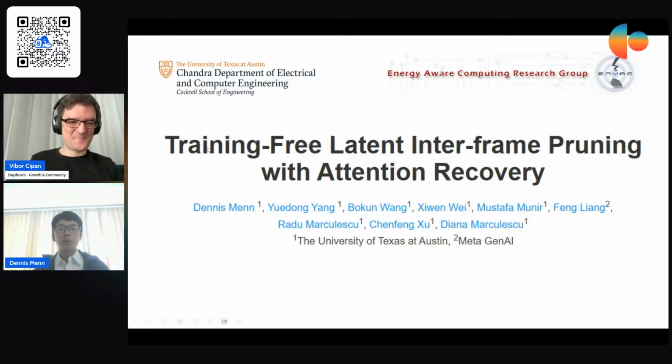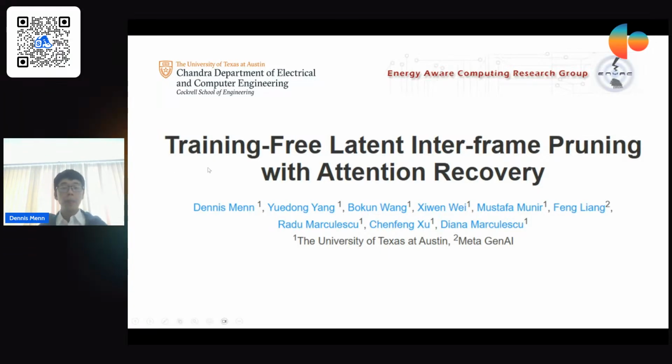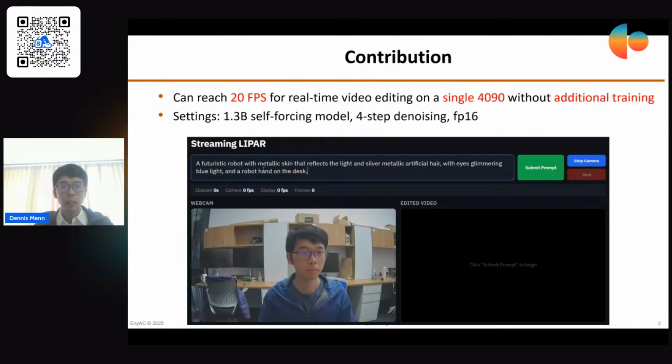Go ahead. So the paper title, or the project title, is Training-Free Latent Inter-Frame Pruning with Attention Recovery. We are from the ENIAC Lab, the Energy Aware Computing Research Lab, and I'm advised by Dana Markulescu and collaborate with Professor Zhenfeng Shi, the author of StreamDiffusion.